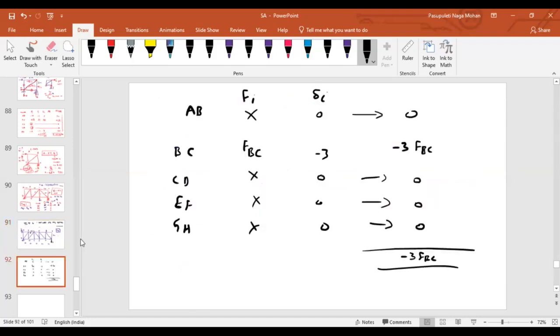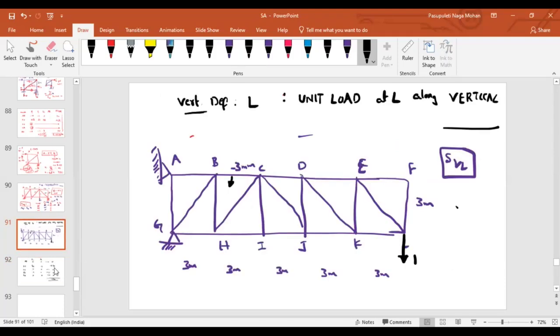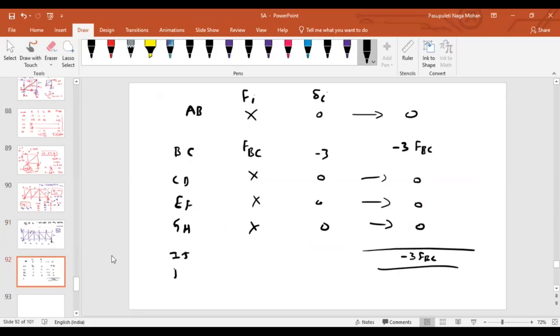In this case, there are so many members: D, F, G, H, I, J, K, L. What about the fabrication error in all those members?